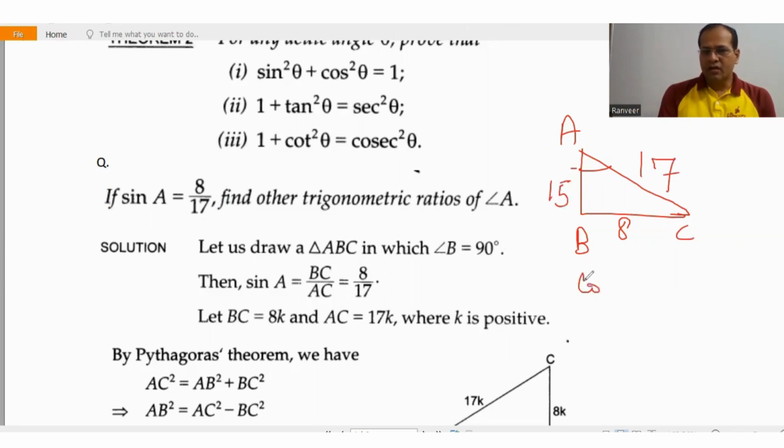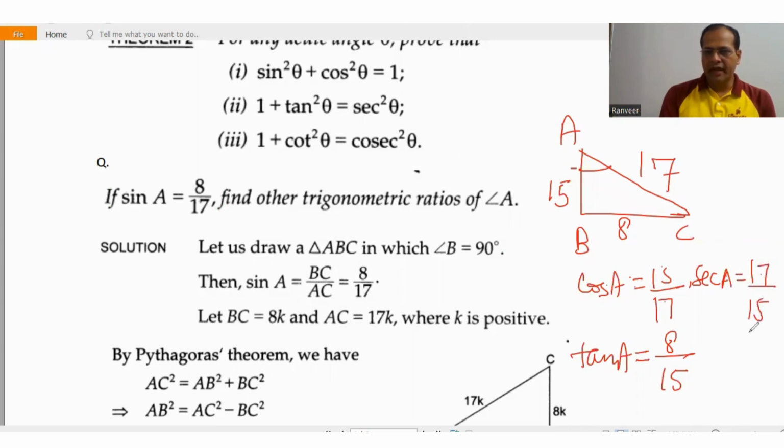So cos A equal to 15 by 17. And tan A is 8 by 15. Once we got sine and cos, sec A we can write as 17 by 15, and cot A equal to 15 by 8.